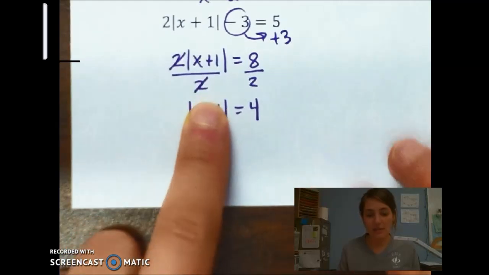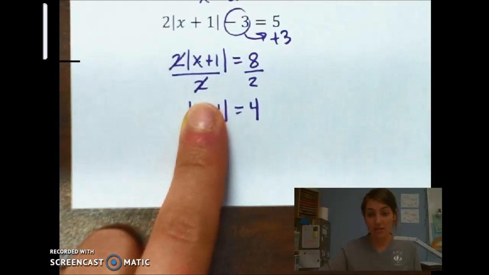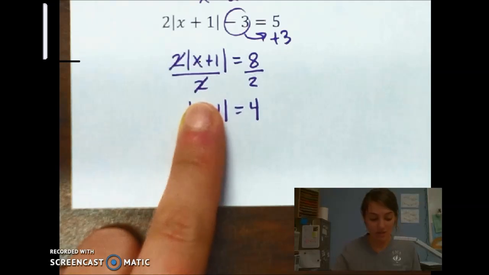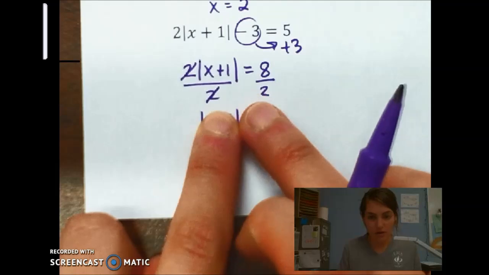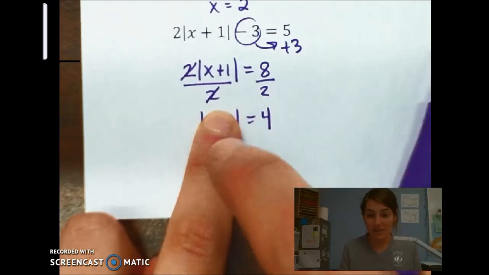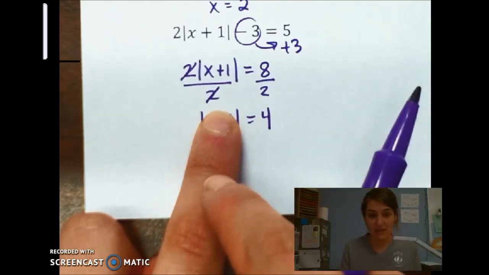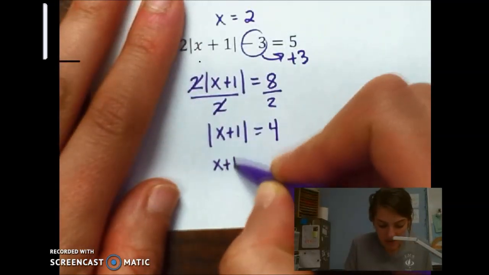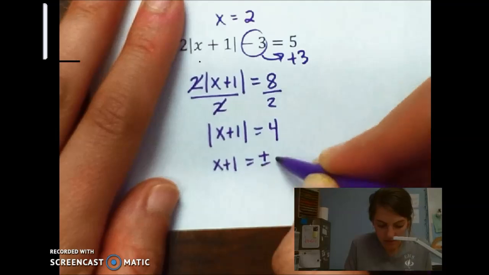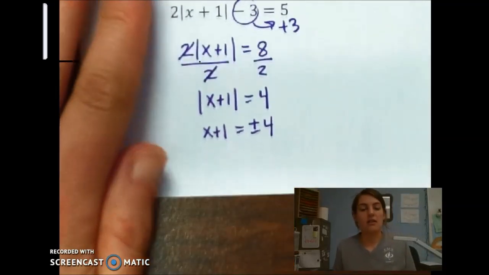And that's okay. Sometimes you're going to move between the strategies within one equation. So I know if the absolute value of something is 4, then the something could be 4 or negative 4. So I'm going to take the bars away, but then change this to a plus or minus 4 on the other side.